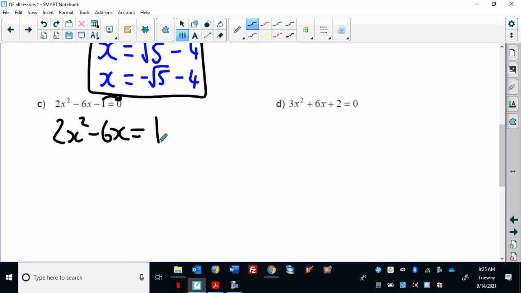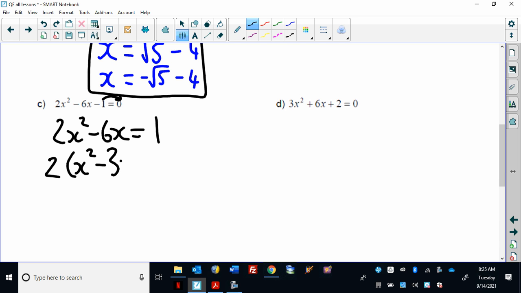So at this point, you can just factor out the 2. Don't factor out 2x, even though that's common to both terms. I would actually make it simpler if you factor out the 2x, because then you could just set each one equal to 0. But just for the practice of completing the square, let's do it this way.